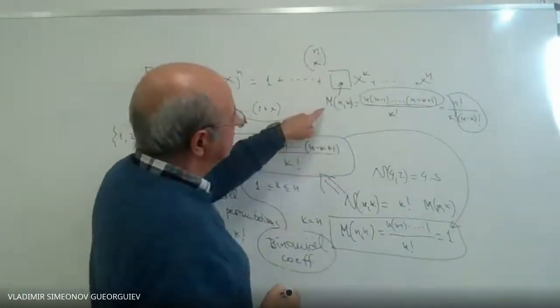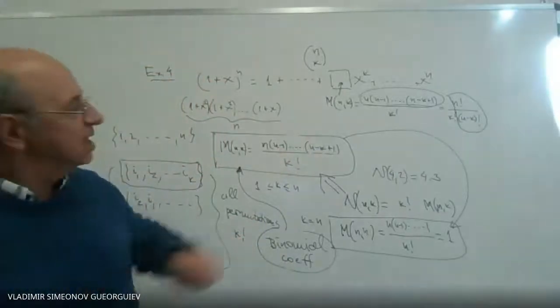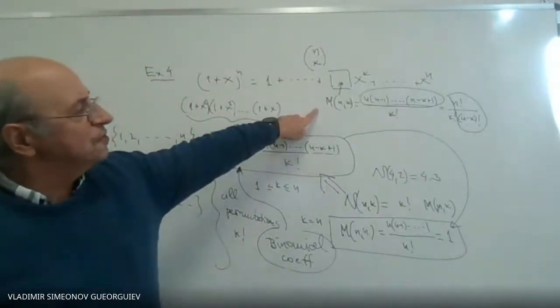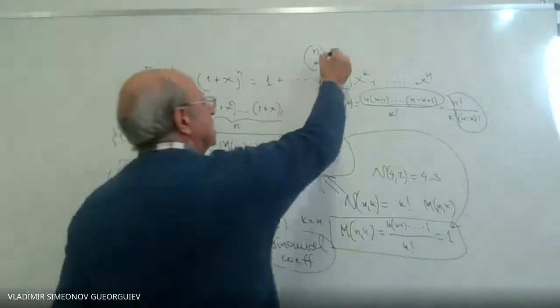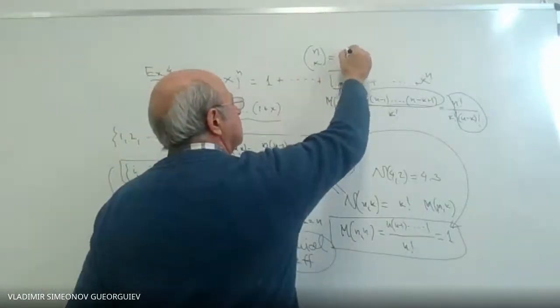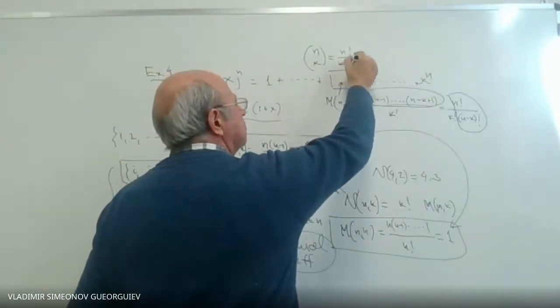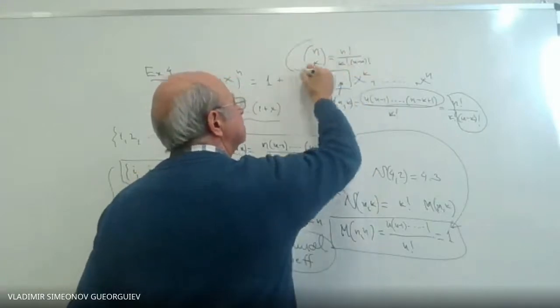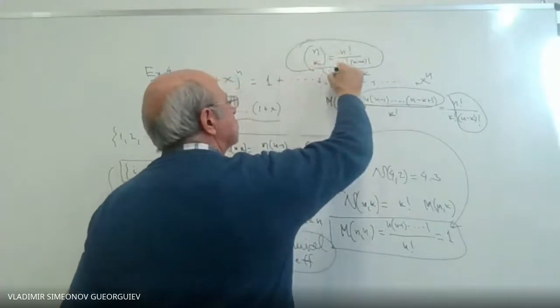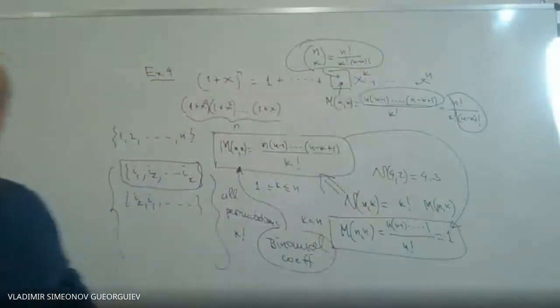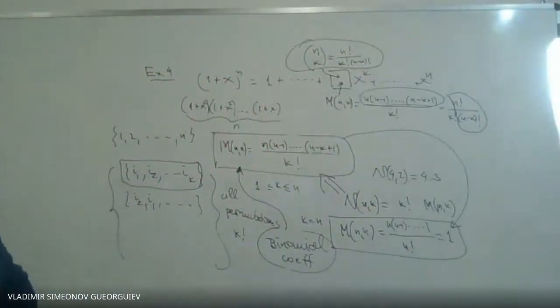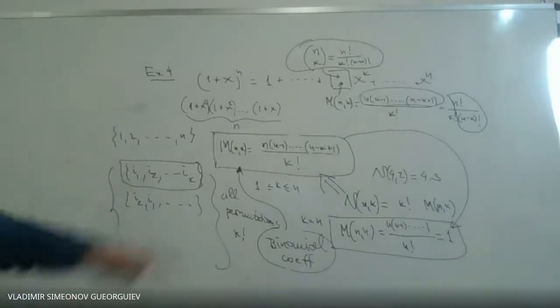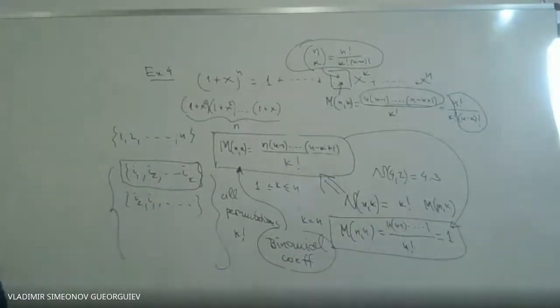This is another notation for the same binomial coefficient, that is n factorial divided by kappa factorial times n minus kappa factorial. This is the coefficient in front of x to the power kappa. So it is coming from this binomial.